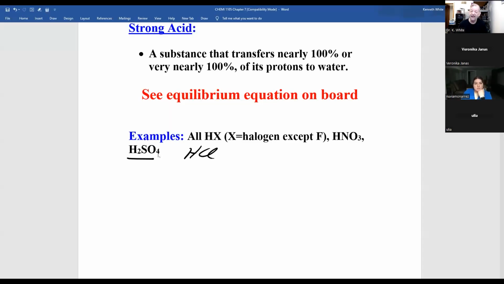It's amazing. It boggles my mind. It makes hydrochloric acid that helps break down your food. I'll talk a little about that later in the semester. So strong acids say, I have a proton and I'm going to give it to you.